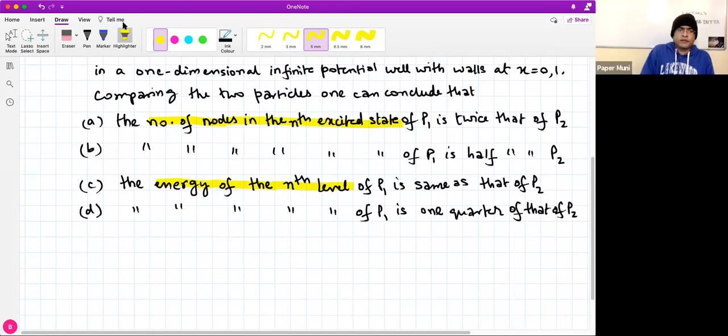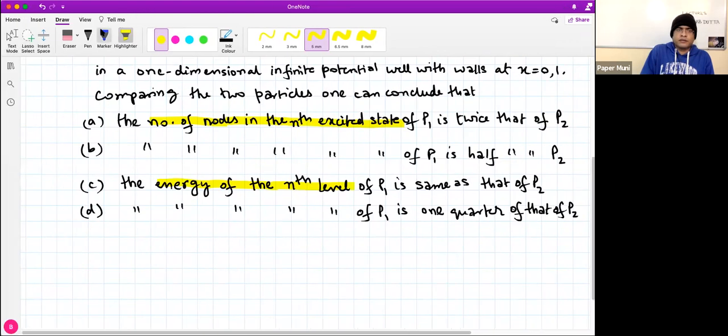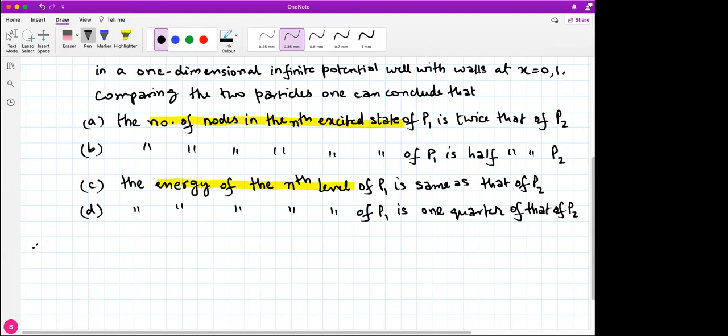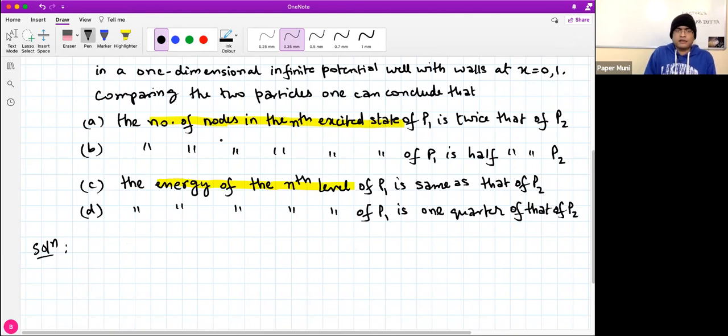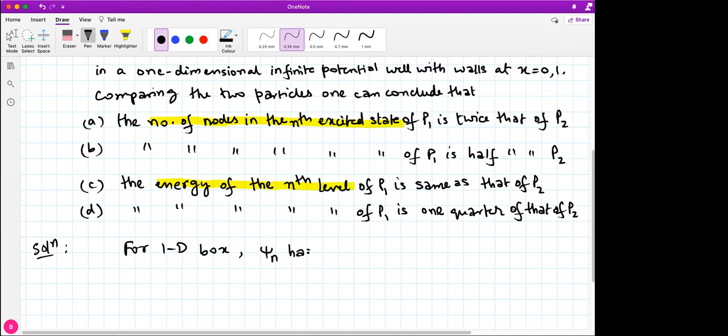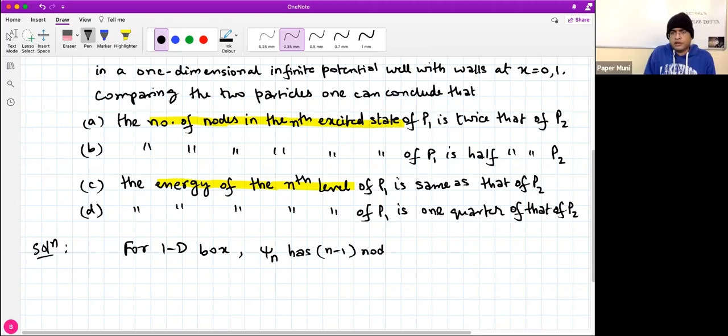Okay, so let's see what happens in this case. Is my screen visible? Yes, sir. Okay, so there was some glitch. Let's talk about the number of nodes. For a 1D box, we know that psi n has n minus 1 nodes, be it any potential, asymmetric or symmetric.